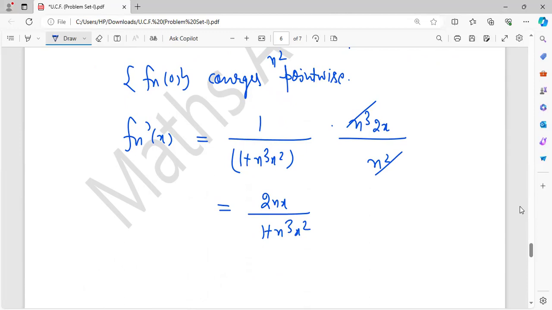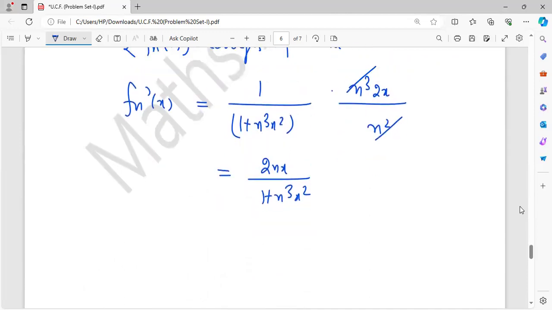Okay. Now what about this? What is the pointwise limit? I am saying that fn'(x) is equal to gn(x).